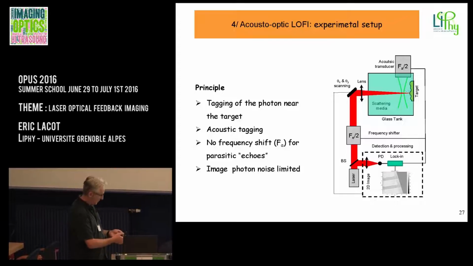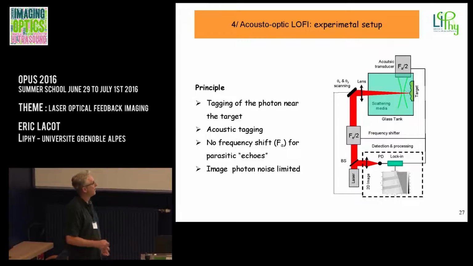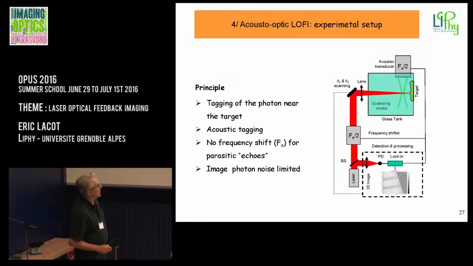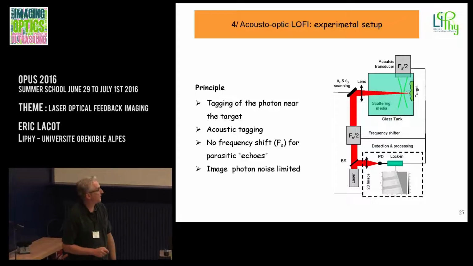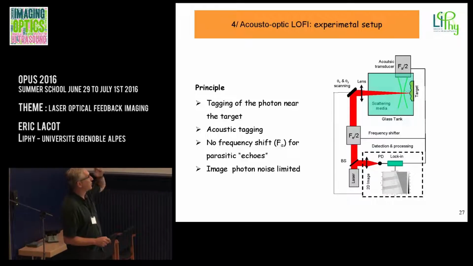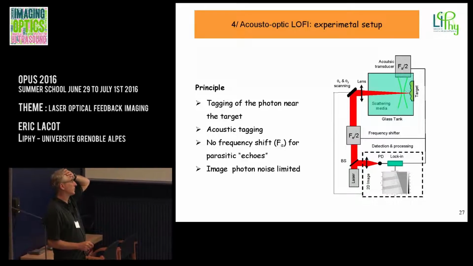Our experimental setup is the following. Again, the LOFI microscope with the laser and the frequency shifter, and the laser beam is focused on the target. The target is inside a glass tank always filled with water and milk. Inside the scattering media, we also use an acoustic transducer, which allows us to focus an acoustic wave on the laser beam.